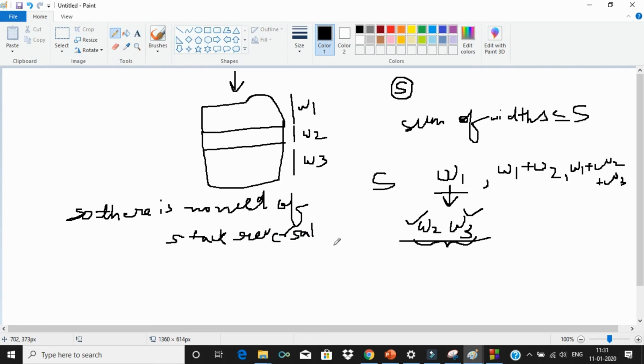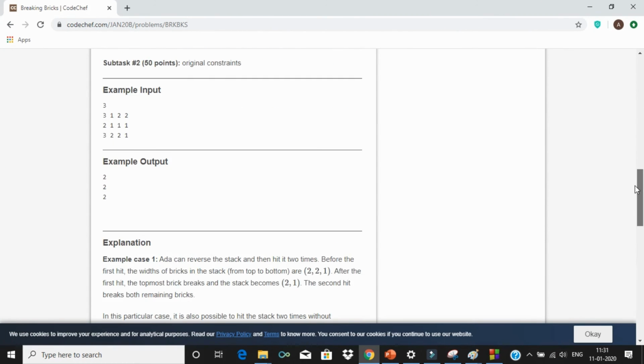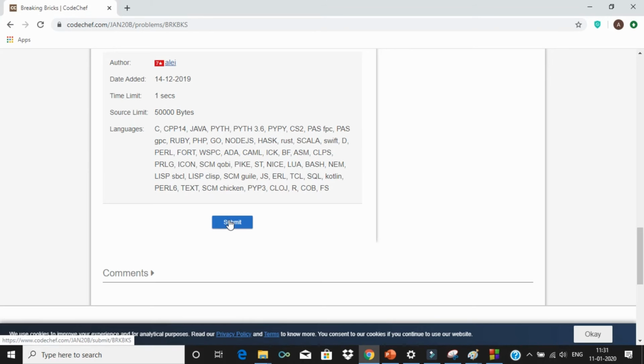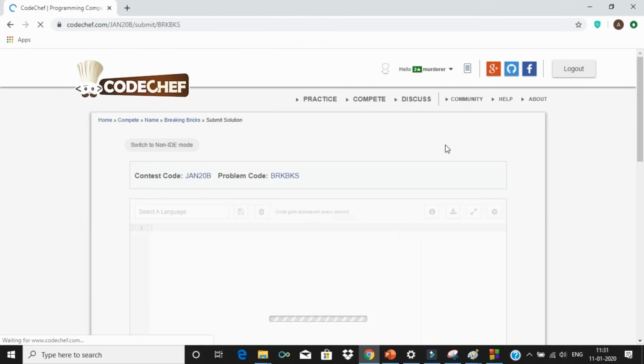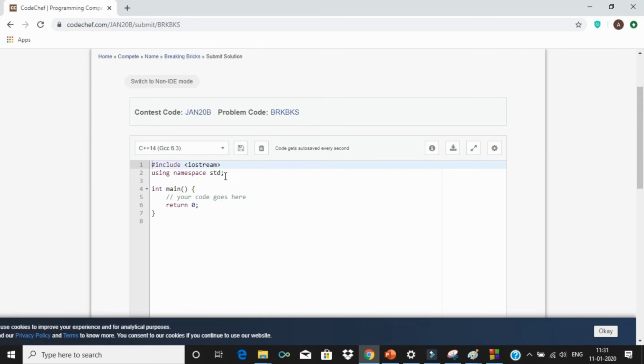So let's start with the code. This is all about this question. This is a very basic question in January long challenge. Let's start with the code. I will be coding in C++.